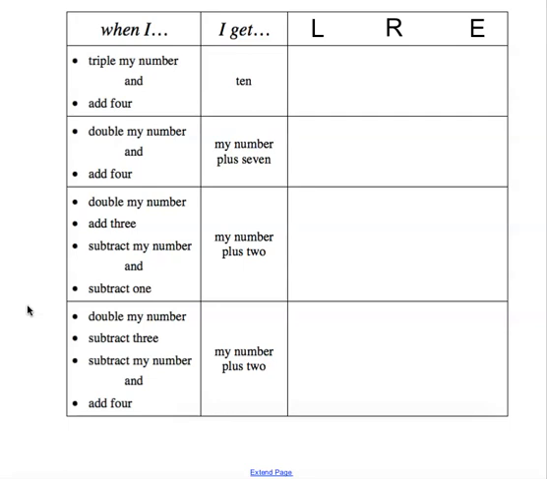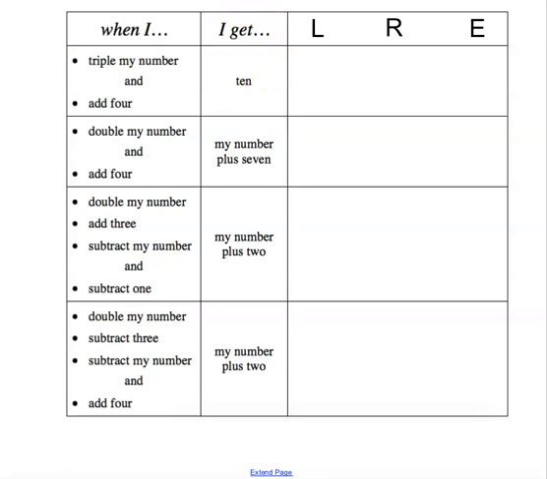Now, if you were in class, I would be speaking these out, and students are supposed to try and solve them. But obviously, if you're not here, you won't be able to hear me. So if you were going to triple my number and add 4, I get 10. What I want you to first do is write that out. What do you see? How would you write that out?